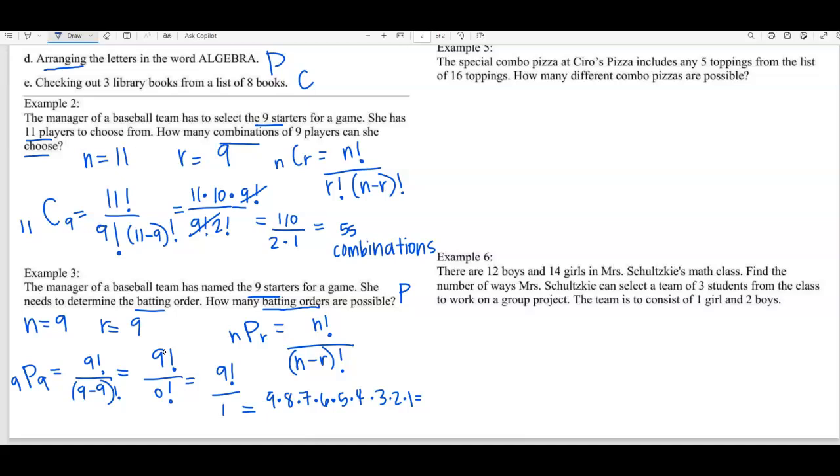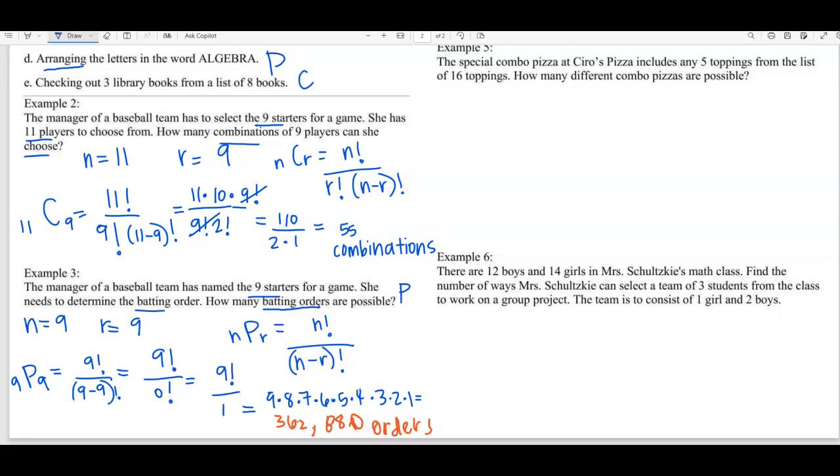And that is a total of 362,880 orders. This is a 0, by the way, that's an 8.